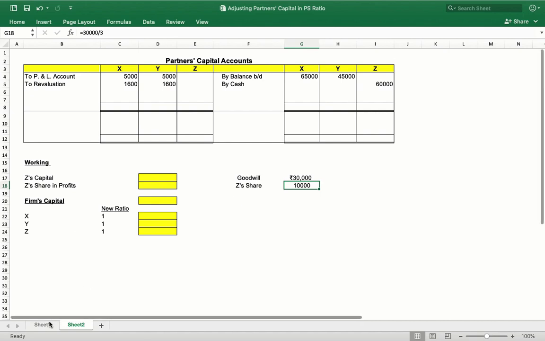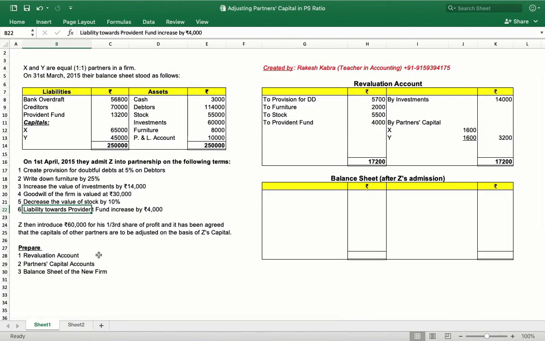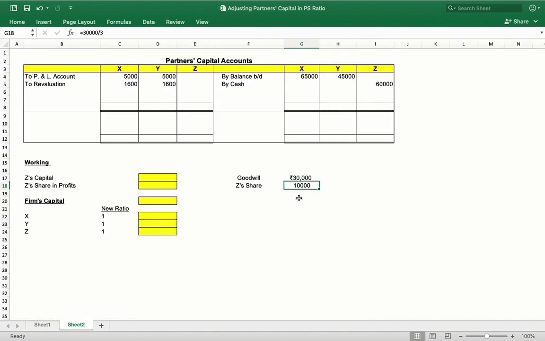And in the question, nowhere it is mentioned whether he is bringing that amount or not. So we will assume that he is not bringing that 10,000, which is his share in goodwill. So as he is not bringing this rupees 10,000, with this 10,000 we will reduce his capital, and for that we will debit Z's capital account.